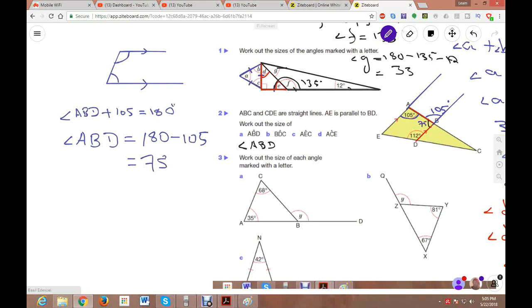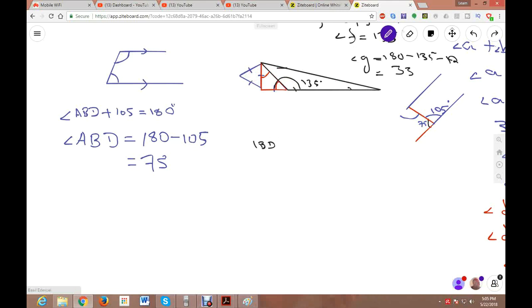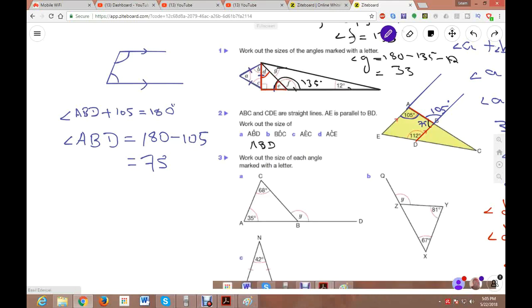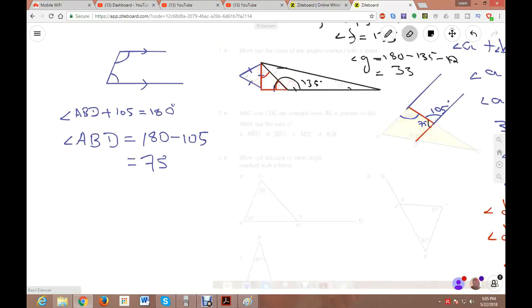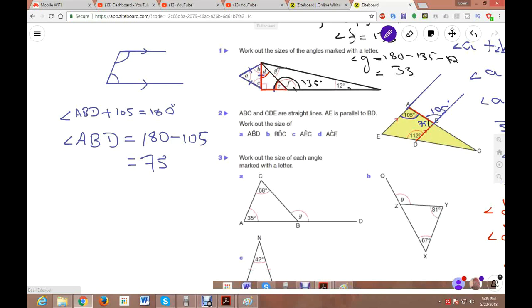Alright, and that's it. Now we have to find out angle BDC. So just let me erase this stuff. We have just done this one. Now BDC, where is your angle BDC?